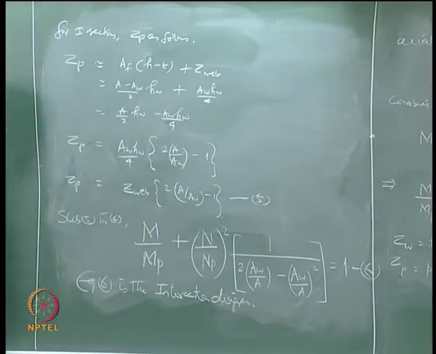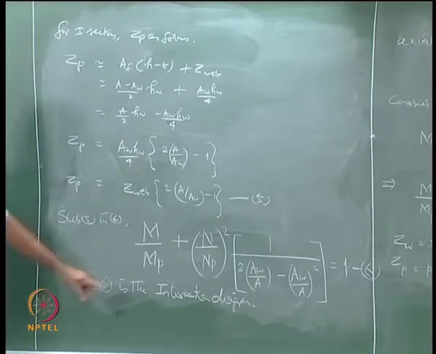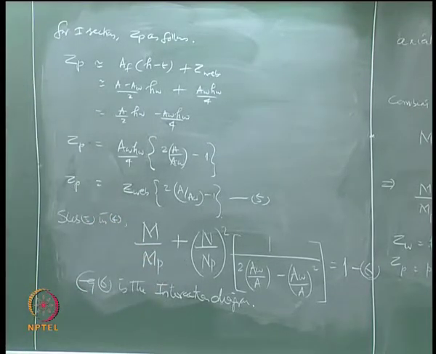Let me check this equation again. M by MP plus N by NP square times 1 by A web by A minus A web by A square is equal to 1.